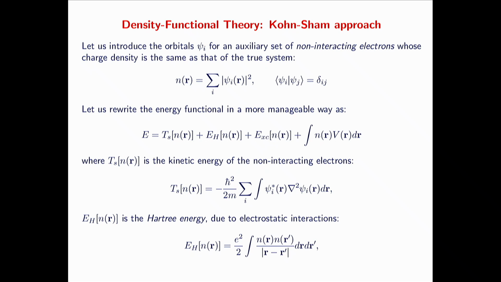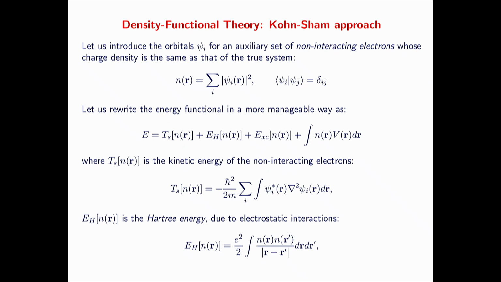It's just the sum over the squares of the wave functions of the single electrons, under the constraint, of course, of orthonormality. This guarantees the correct normalization if you have the proper number of these Kohn-Sham orbitals. So, neglecting spin, if you have capital N electrons, then you need capital N one-electron Kohn-Sham orbitals.